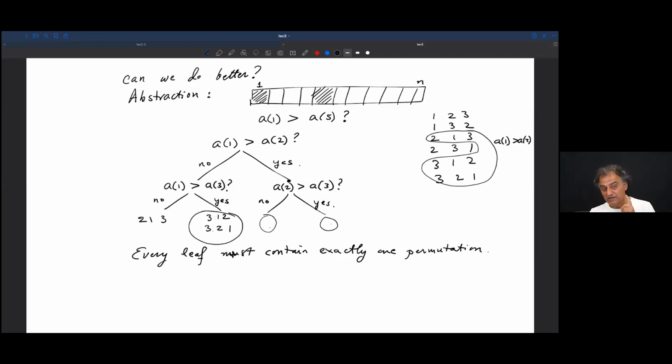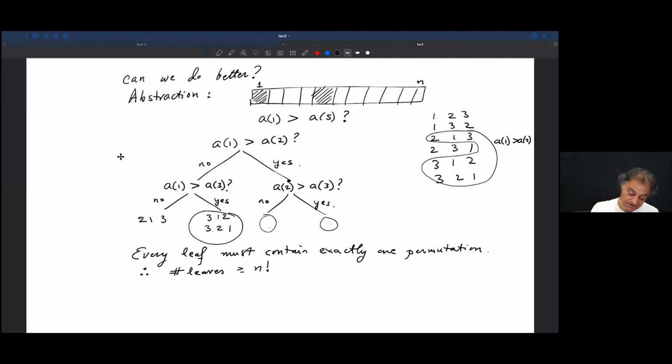Furthermore, for this algorithm to be correct, every leaf must have at most one permutation in it, because if it has two, then it's getting confused. Therefore, the number of leaves must be at least n factorial. That's the number of permutations on n elements.